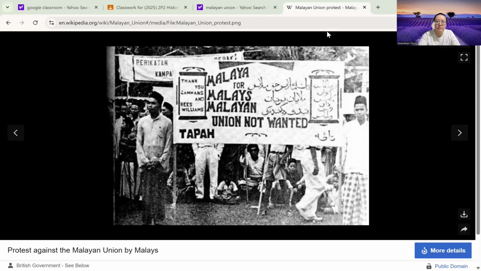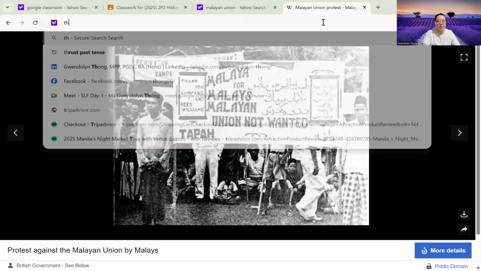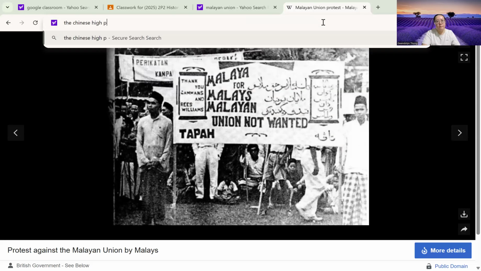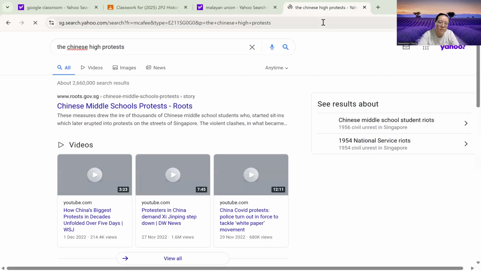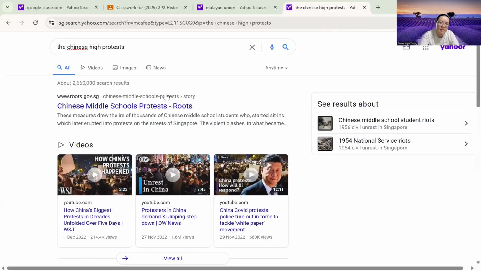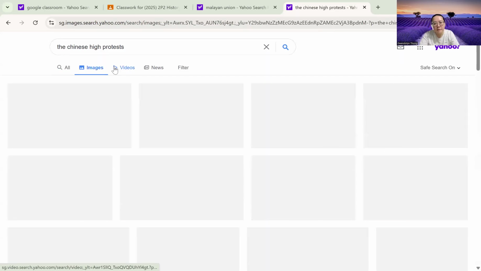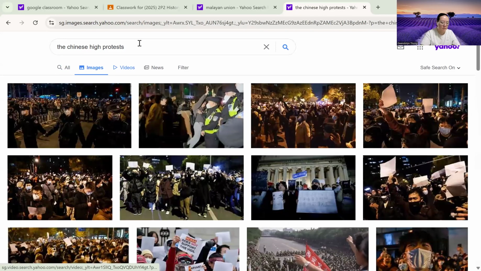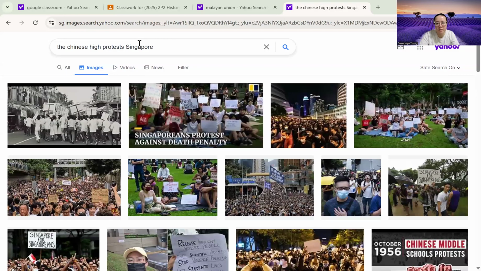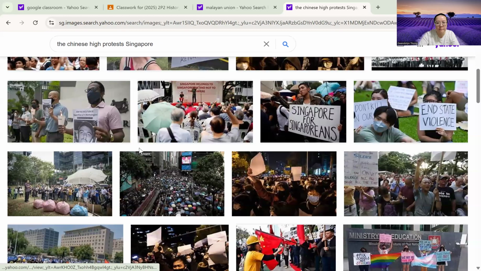If I were to type in something else, just to contextualize it within our school's context, in the 50s there were very many protests led by Hwa Chong students. In fact, Hwa Chong students were famous for leading protests.